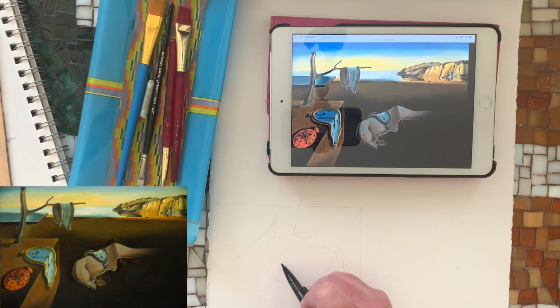And up at the top here, well, first of all, we're going to have an edge here. And in the middle, we're going to have a winder. And that's almost a half circle there too.